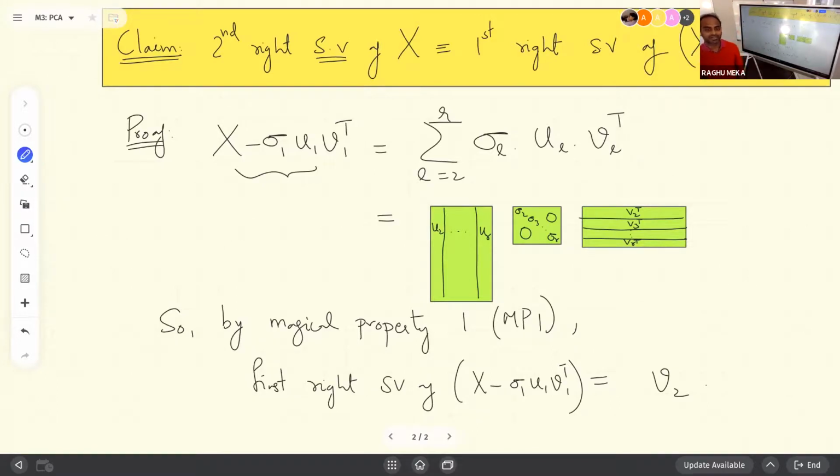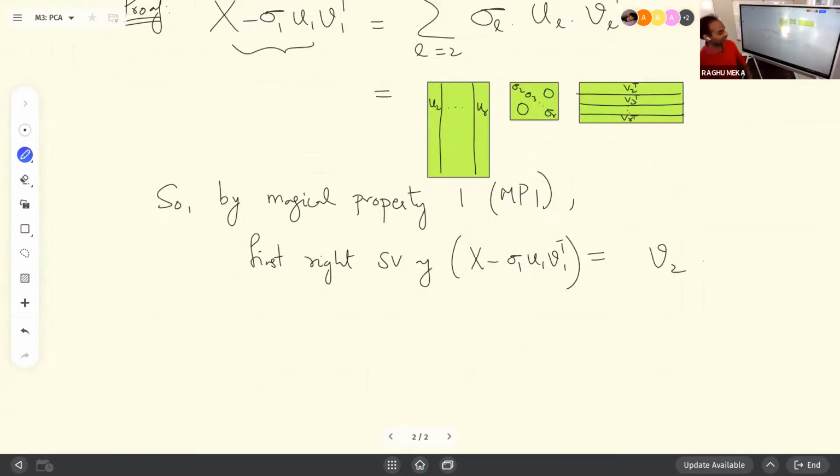The first right singular vector is the second singular vector of X. Any questions about this? This is a very important thing to understand, that you can peel off singular vectors one after the other. Compute one, subtract it out, compute another, and so on.